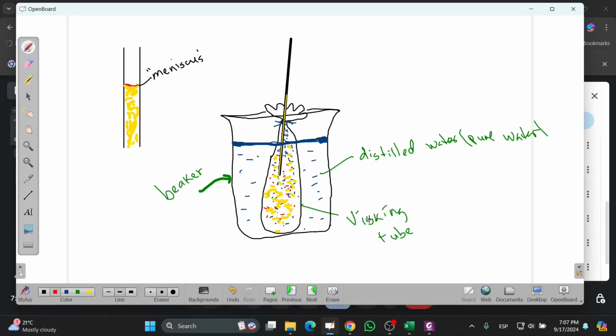So the Visking tube, this material that I said is porous, can be considered what we call a partially permeable membrane. We can also say semi-permeable.